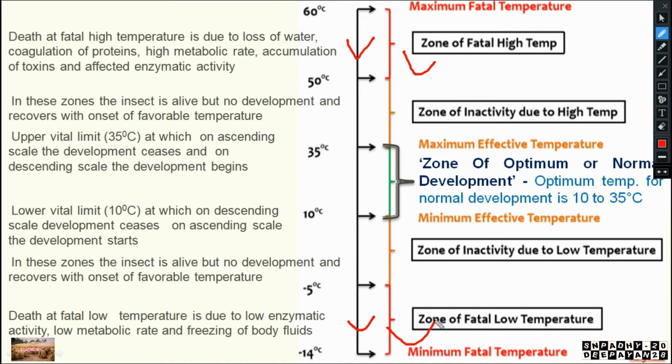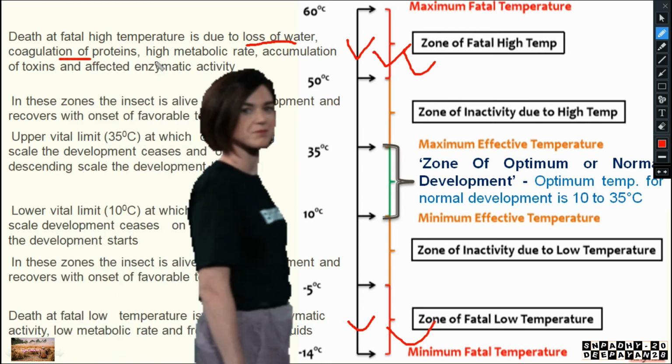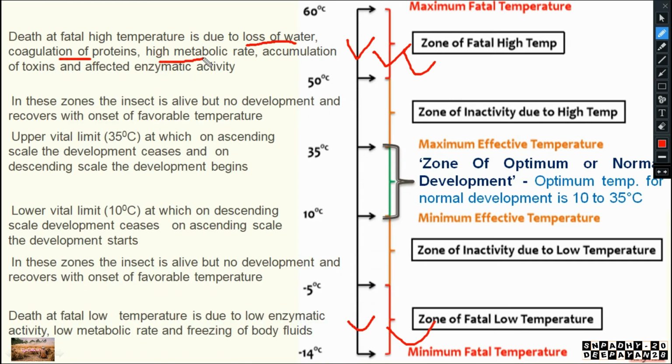Getting my point? So now coming to the zone of fatal high temperature, what will happen in this zone? Death will occur to the insect due to loss of water, loss of moisture, coagulation of proteins, then accelerated disrupted metabolic rate, which leads to accumulation of toxins, and it will also affect the normal enzymatic activity, and ultimately the insect will die.